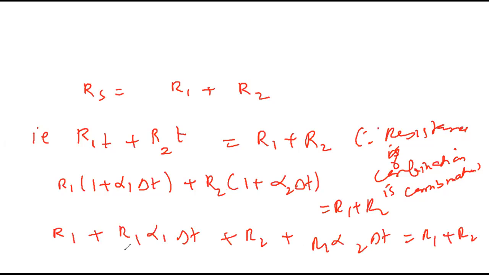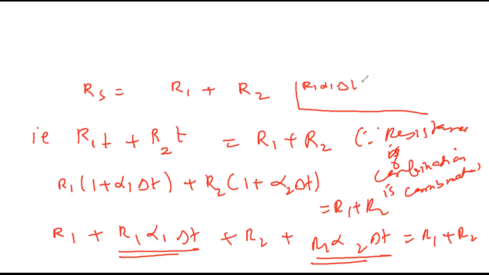अब ये R1 alpha 1 R2 alpha 2 एक साथ लेता हूँ, इसको उधर लेके जाता हूँ. So we'll get like this now. R1 alpha 1 delta T plus R2 alpha 2 delta T equals to R1 plus R2 minus R1 minus R2. तो कैंसिल हो गया, मतलब 0 हो गया. करेक्ट.